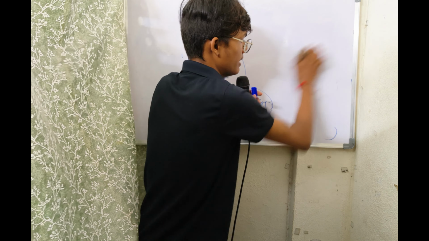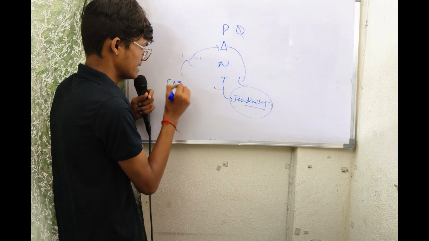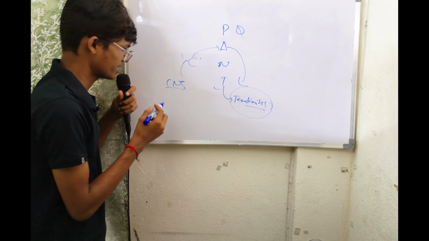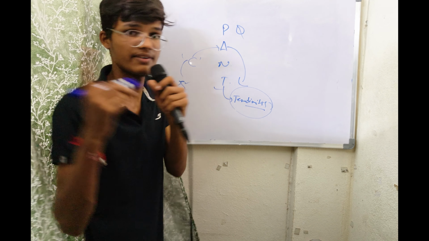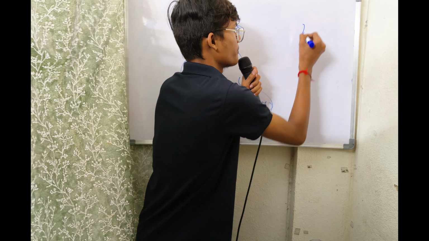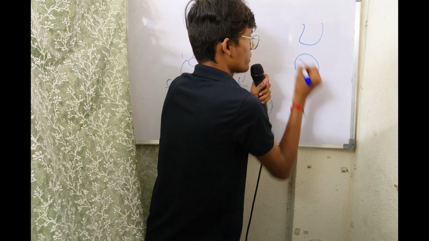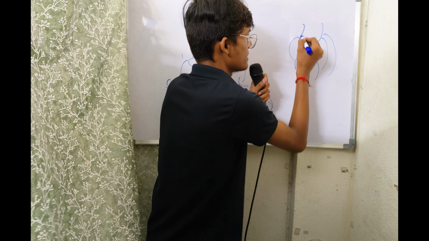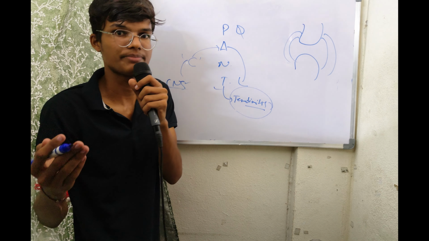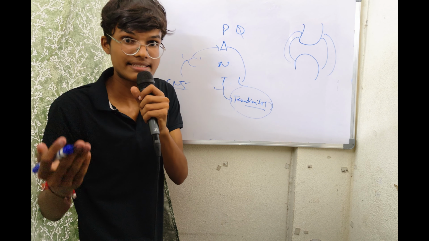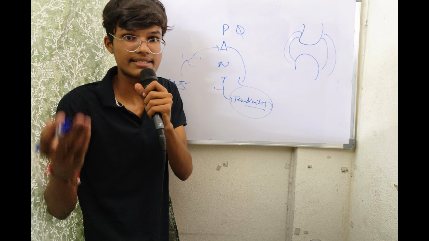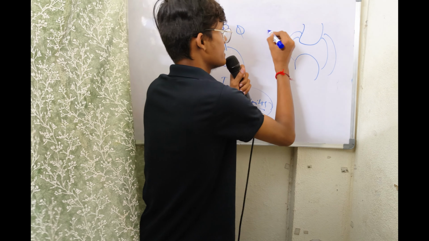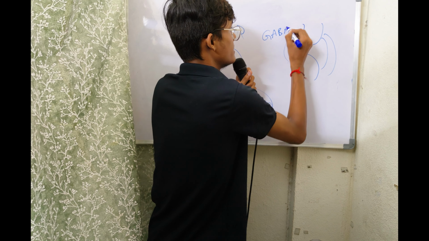Then C for CNS effects. What are the CNS effects? Before understanding them, I will tell one more concept. Why are we not always restless, depressed, or anxious? Because there is a system called the GABAergic system.